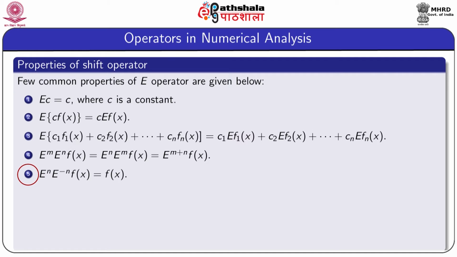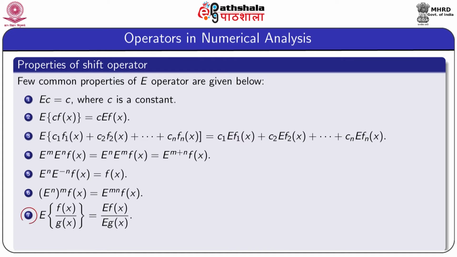The fifth property is very interesting: E to the power n E to the power minus n f x equals f x, that means E to the power n E to the power minus n is nothing but the identity operator. The next property is that E to the power n, all to the power m, of f x equals E to the power m n f x.